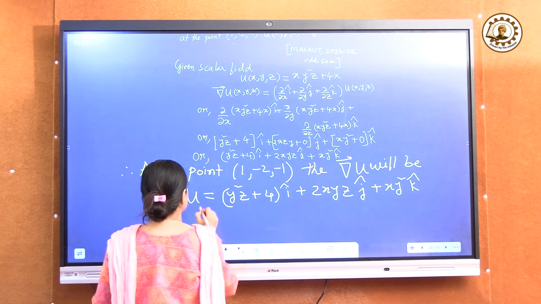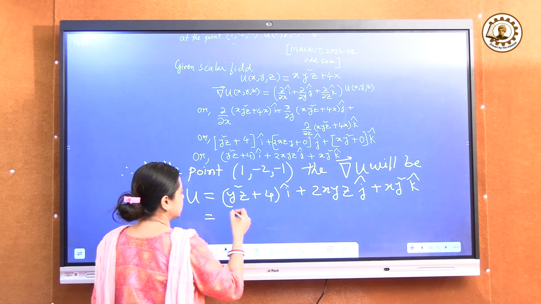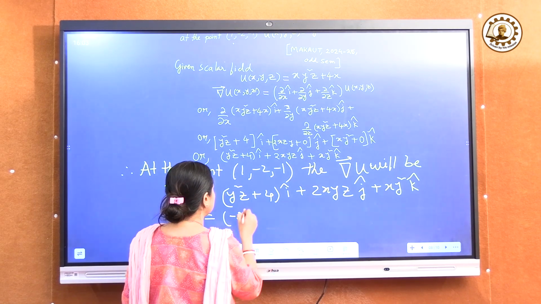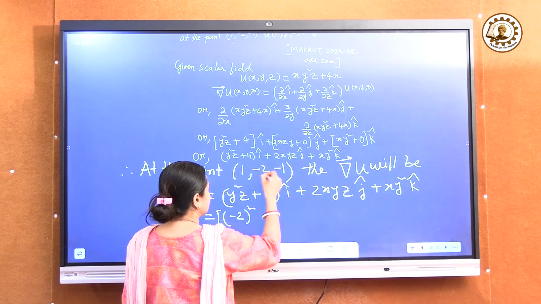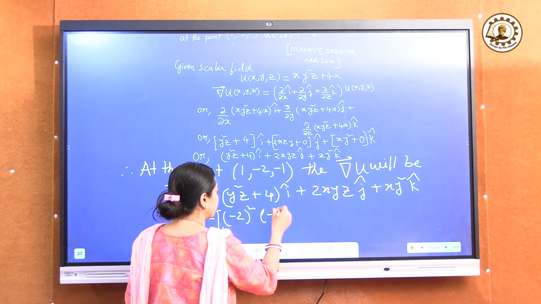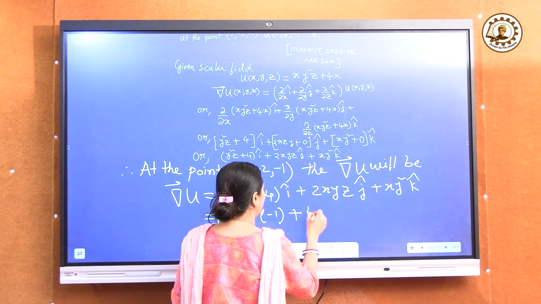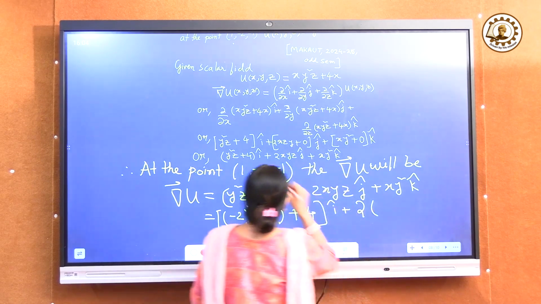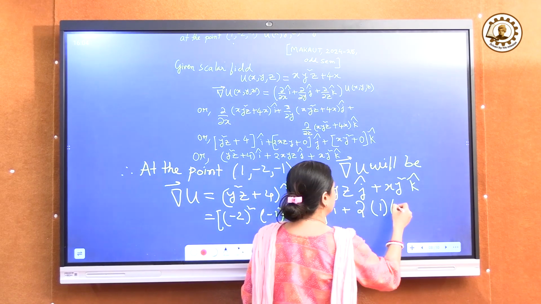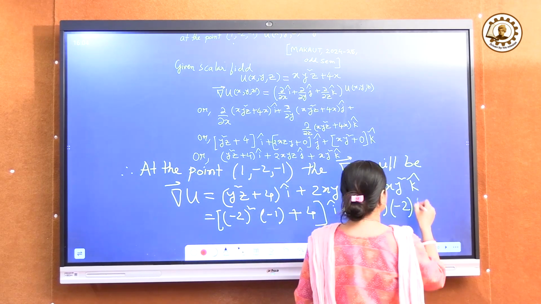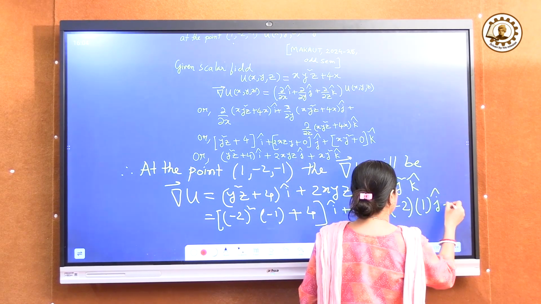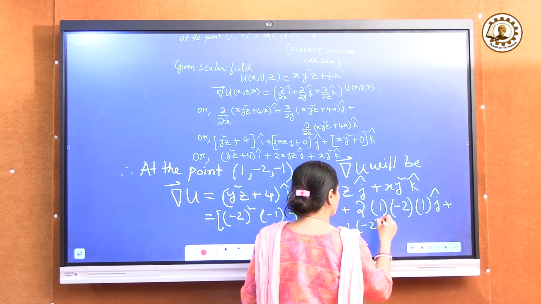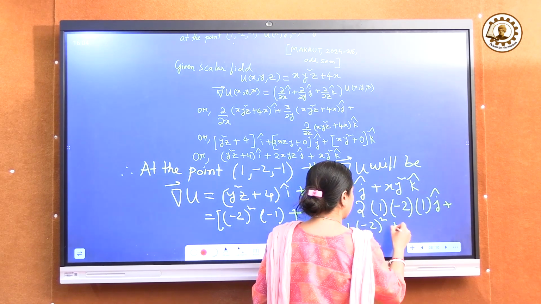So I will be writing 1, meaning x equals 1, here there is no x term, so this is equal to (-2) whole thing square, y equal to -2 and z equal to -1, so I will be writing here -1, plus 4, i cap, plus 2 into x equal to 1, y equal to -2 and z equal to -1, j cap, plus x equal to 1, y equal to -2, whole thing square, because x y square, k cap.